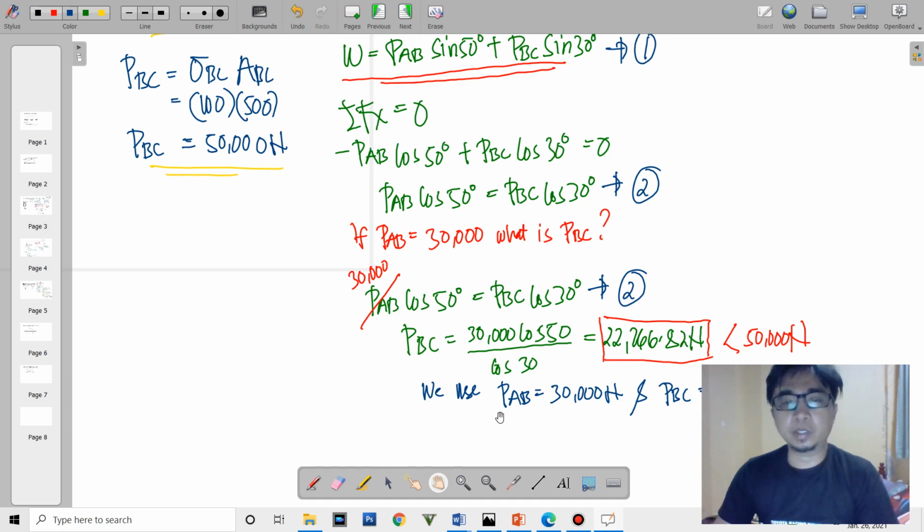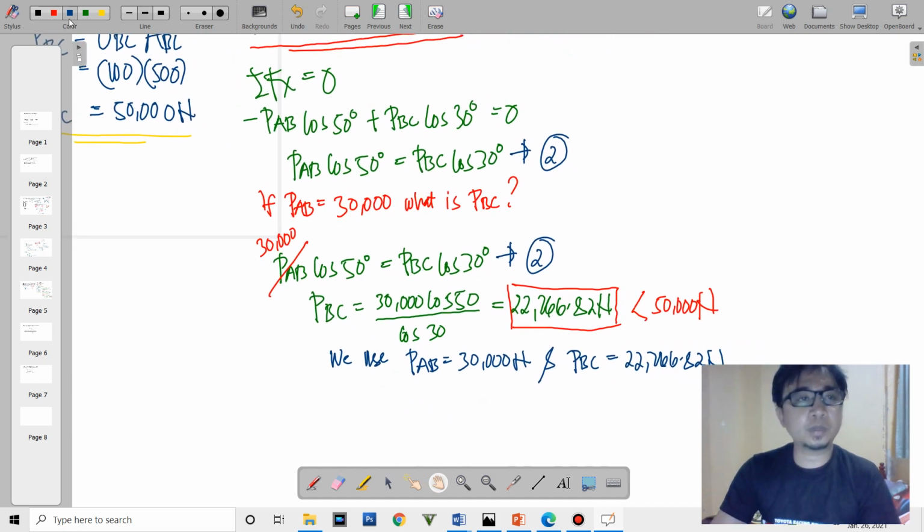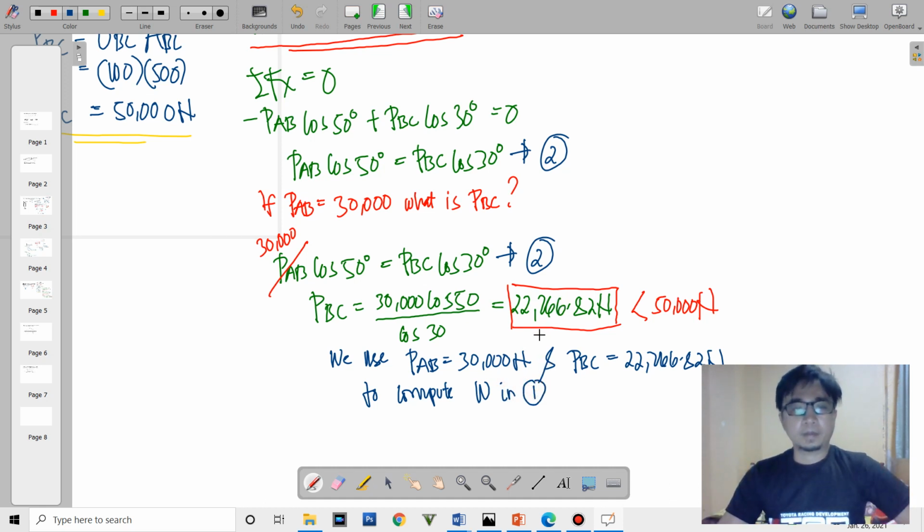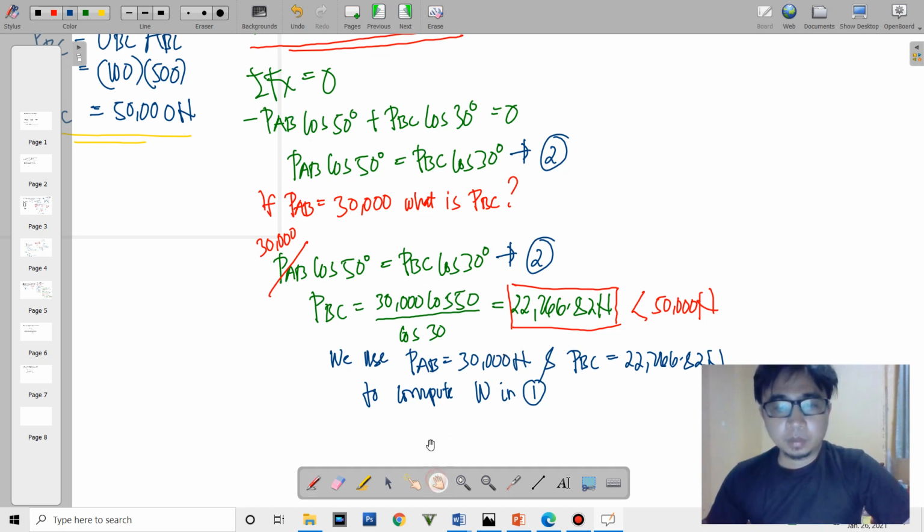So we're going to use this to compute W in equation 1.